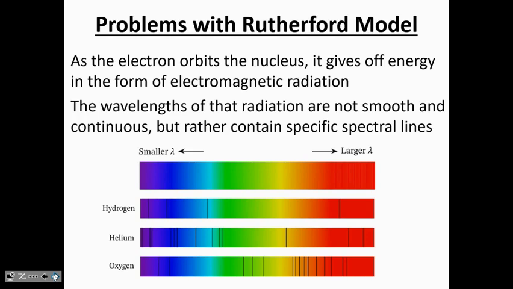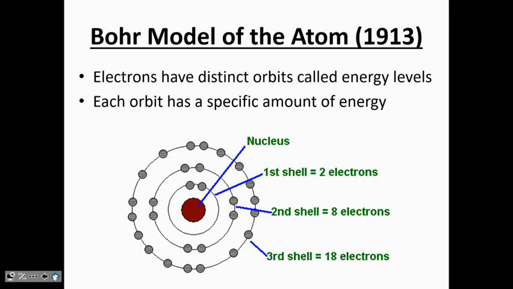So the person who was able to answer these problems and come up with a new model for the atom was Bohr. The Bohr model of the atom was put out in 1913, so just a couple years after Rutherford. And the way he addressed the issues of the Rutherford model is Bohr gave his model of the atom distinct electron orbits that we call energy levels.